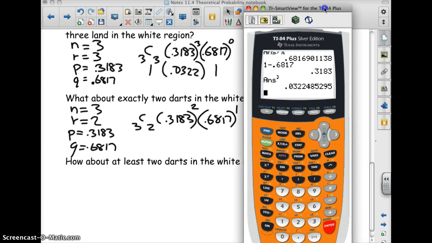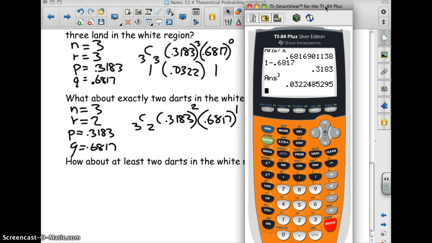The reason for this 3C2, folks, is to make sure I'm counting all the ways that it's possible. Maybe the first 2 land in the white and then the 3rd is in the shaded, or maybe the first is shaded and the second 2 are white. You find those numbers of ways and multiply by the probability, and it will give you the exact probability for exactly 2 darts.